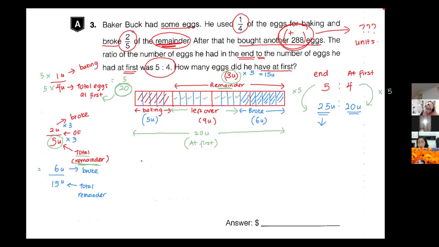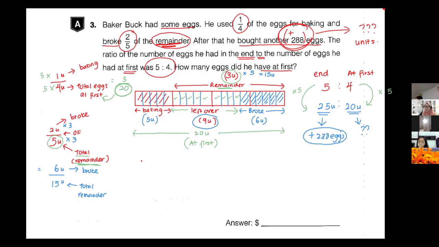Now, this 25 is inclusive of the 288x. So if you want to know how many units my 288x is, remember I have a leftover of 9. I have 9 units of x left over. In the end, it becomes 25 because I bought 288x.